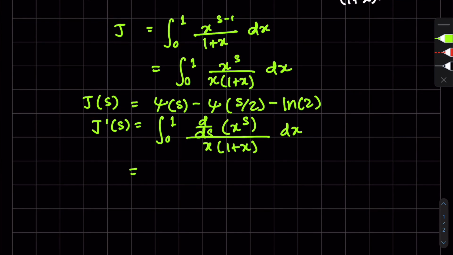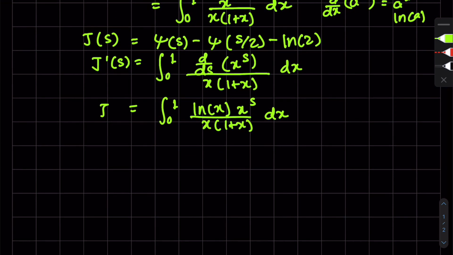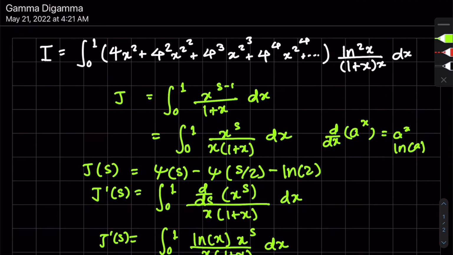Now, if we have something like a to the x and we take a derivative of that with respect to x, we're going to have a to the x times the natural log of a. So in this case, we're going to have natural log of x times x to the s over x times 1 plus x dx. That's J prime, J double prime, because we have a log squared there.